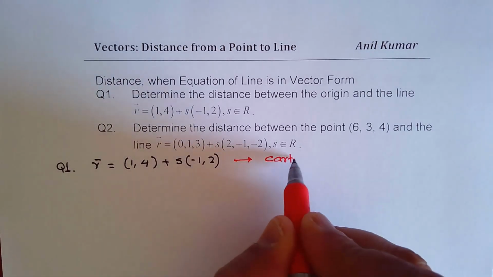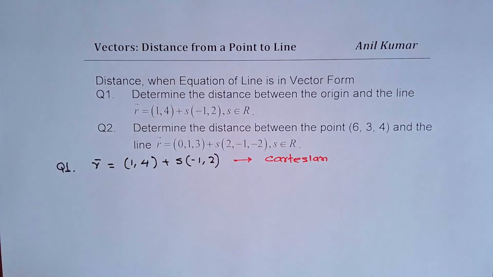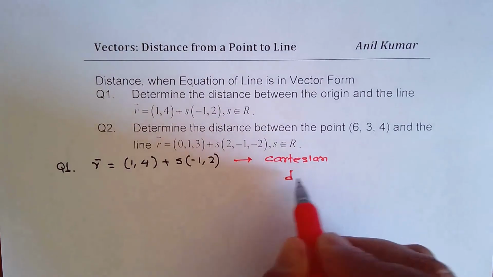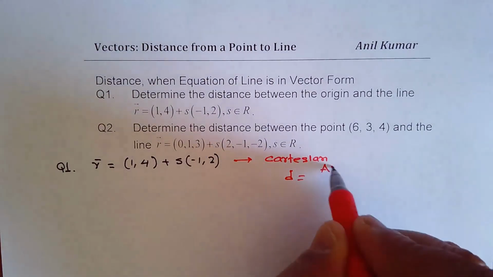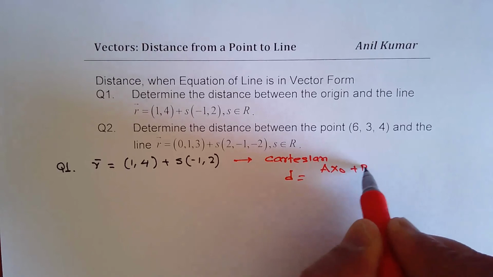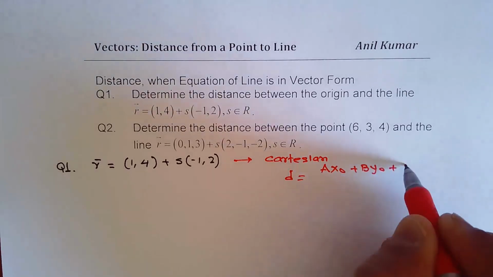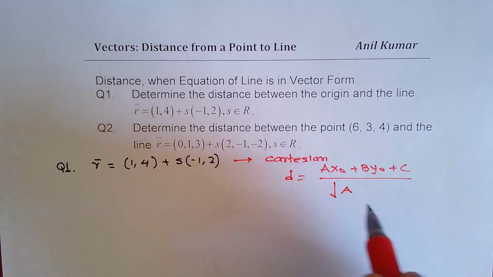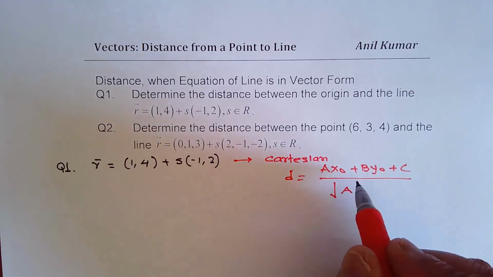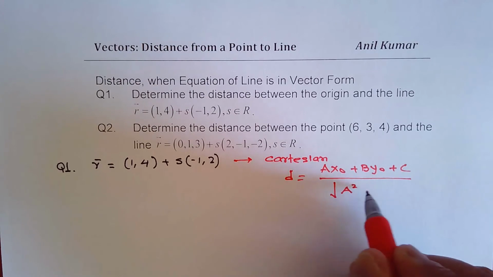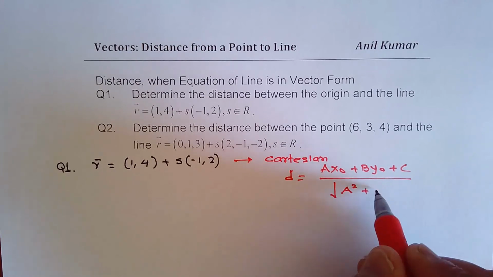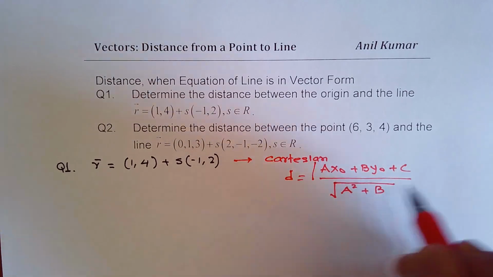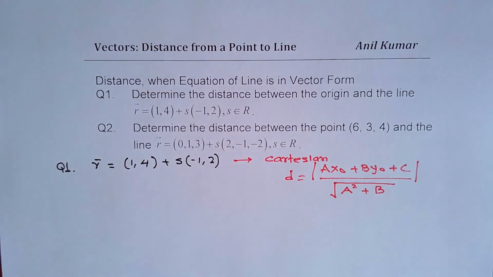Then you can directly use the formula: distance is equal to the absolute value of ax0 plus by0 plus c, divided by the square root of a square plus b square, the magnitude of the normal vector. The idea is that we have to find the unit vector in the direction of the normal.